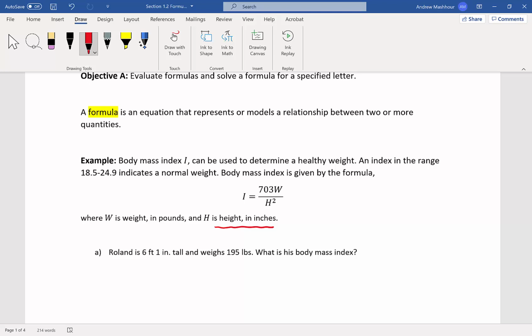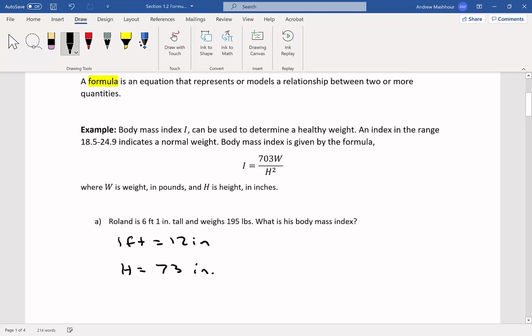So we have to convert that into straight inches. So 1 foot is equal to 12 inches. So if Roland is 6 feet 1 inch tall, our height in inches will be 6 times 12, that'll put us at 72 inches. And then we have that 1 extra inch, so he is 73 inches.